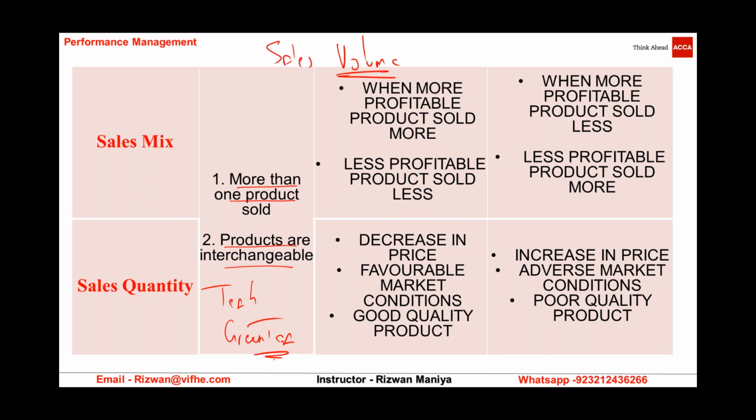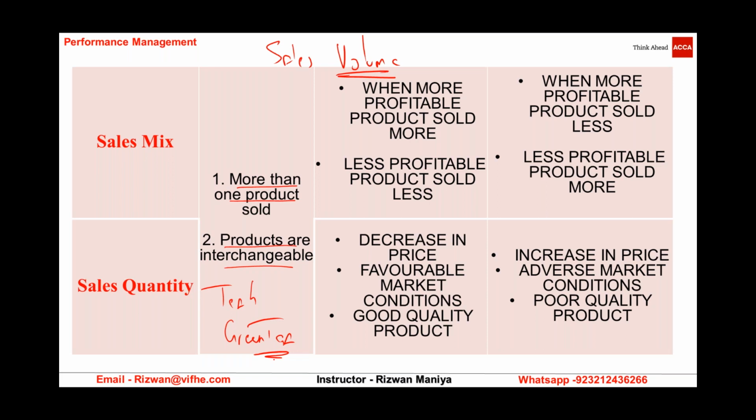So this means more than one product is sold. Second, are they interchangeable? Yes. If the demand for tea increases, the demand for green tea will go down. So if the company is able to sell fewer green teas, this will be compensated by selling more teas.